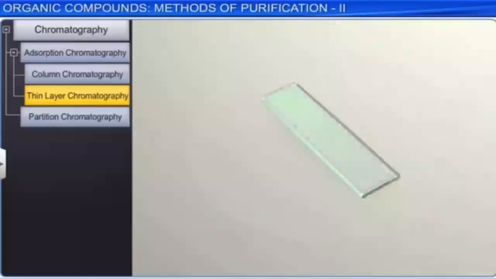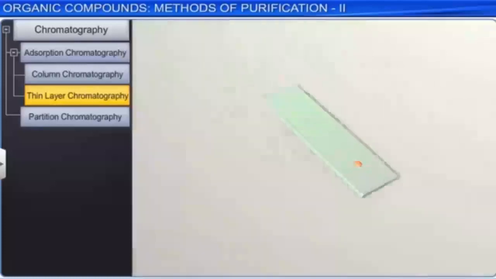The plate is known as thin layer chromatography plate or chroma plate. Then, a small spot of the solution of the mixture to be separated is applied about 2 centimeters above one end of the glass plate.